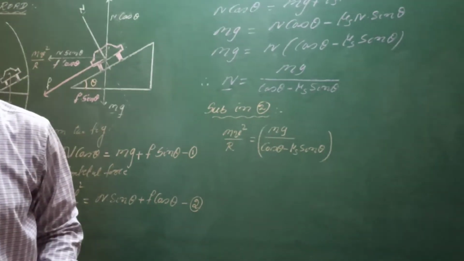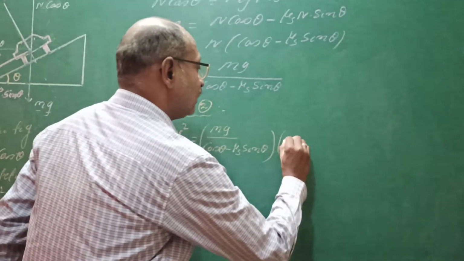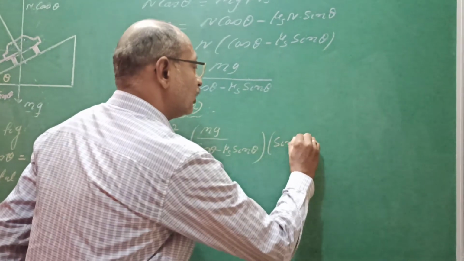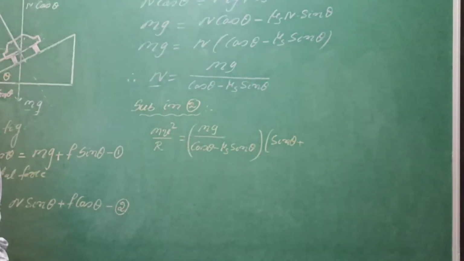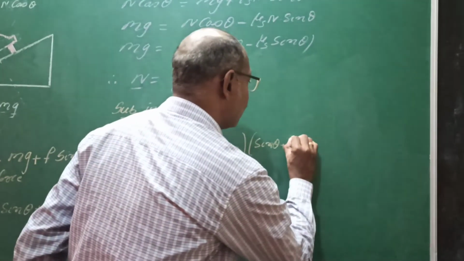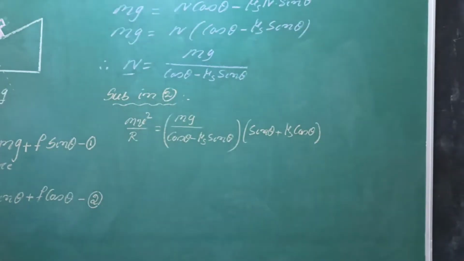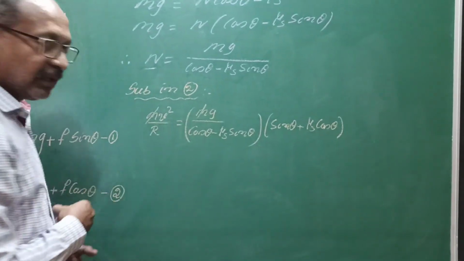So I can write it like this: sin theta plus μs cos theta. Now m gets cancelled.